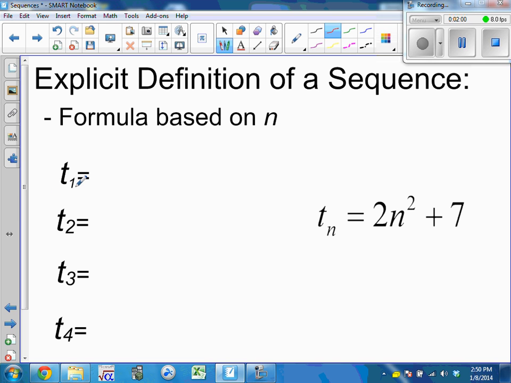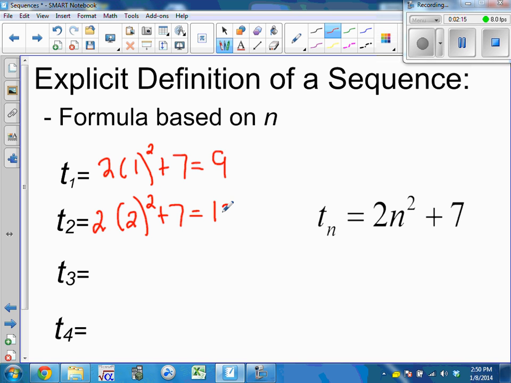If I want to find the first term, I can put 1 in for n, and get 9. To find the second term, I can put 2 in for n, get 15, and then 3, and then 4, and so forth.